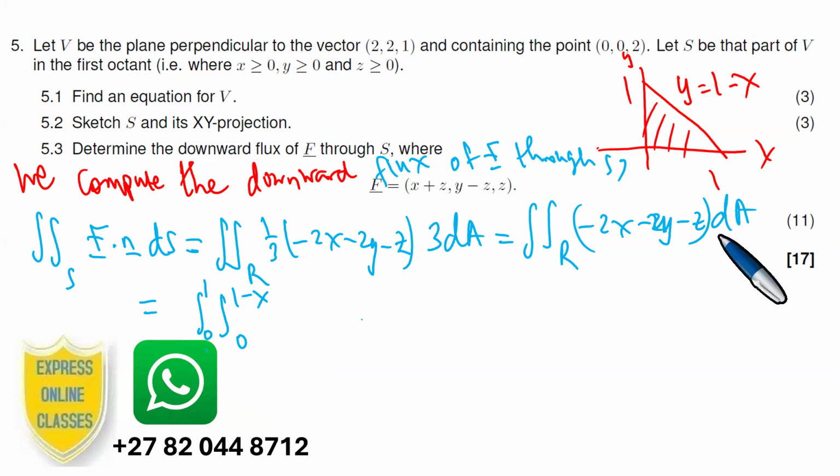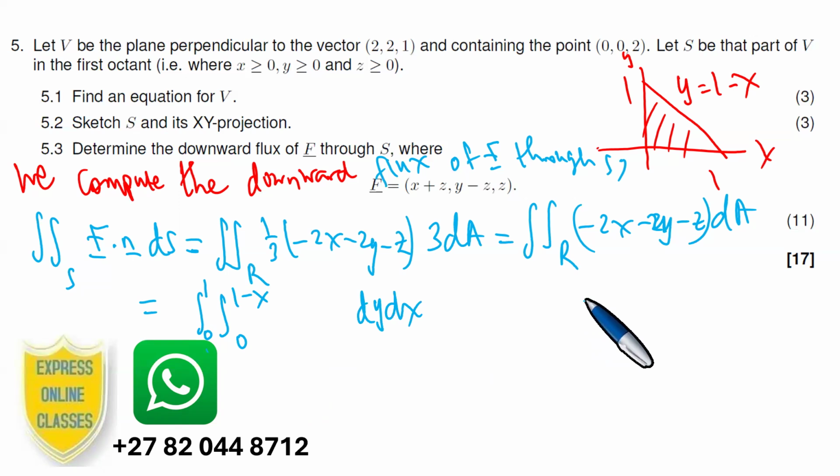This dA becomes dy dx. X is between 0 and 1, but y is between 0 and 1 minus x. And then now we have the minus 2x, the minus 2y, the minus z. And so we analyze this very carefully.